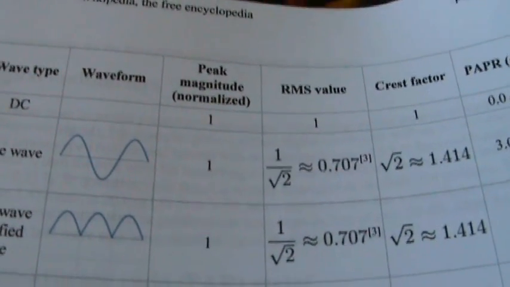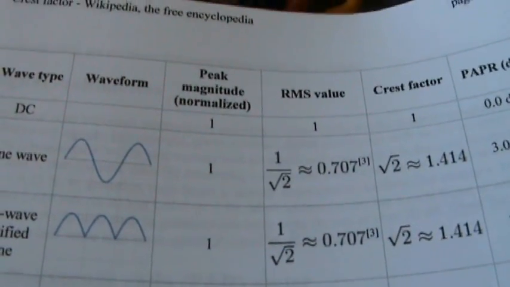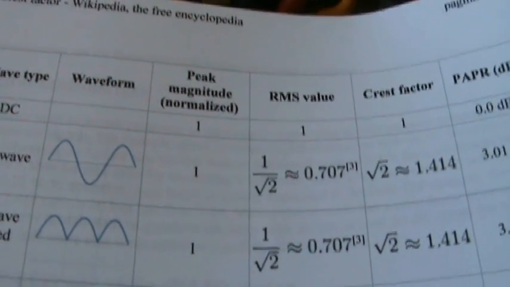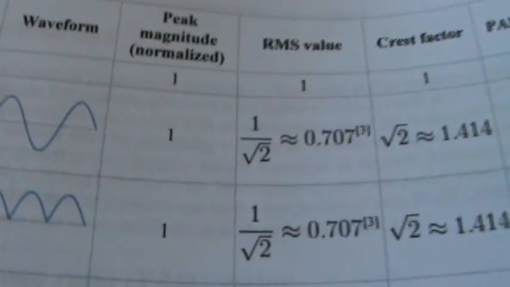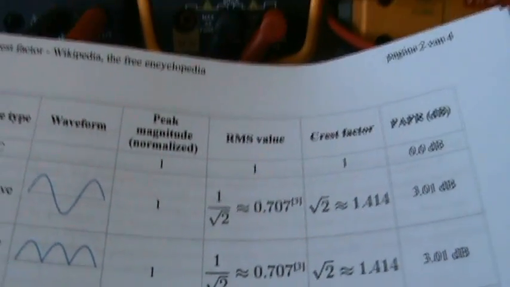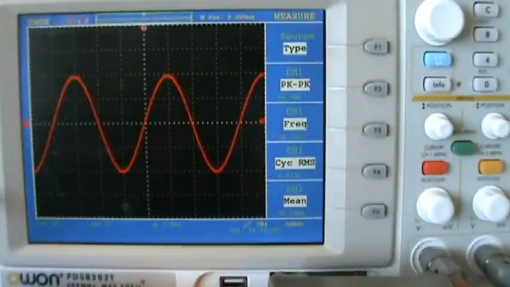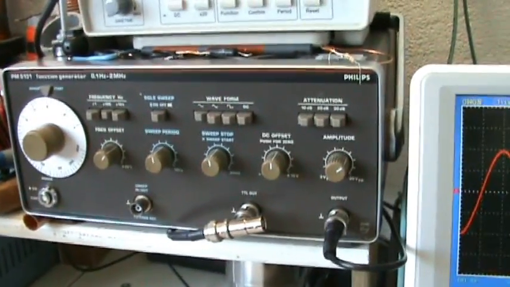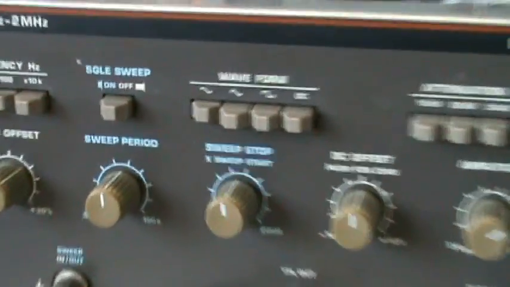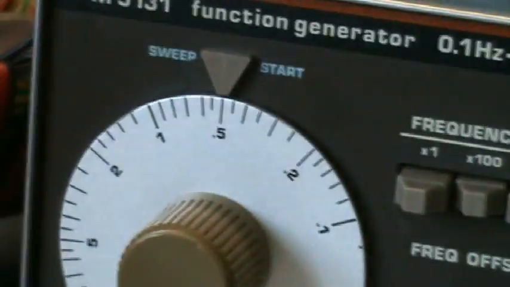when I have a peak of 1 volt, meaning peak to peak 2 volts, the RMS value will be 0.707, like mentioned here. So what I did is I put my function generator, which I'm using for this, in sine wave, and it's at 50 Hz.